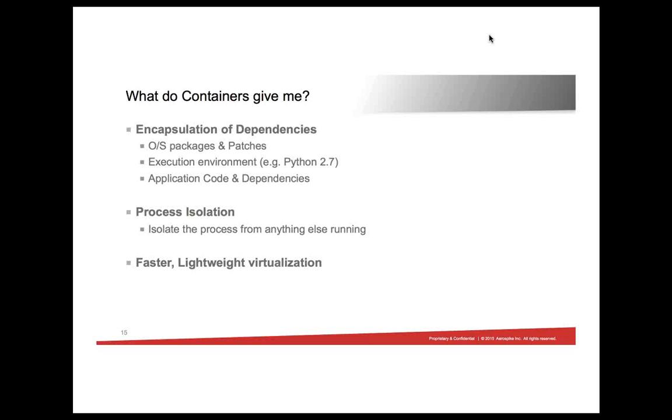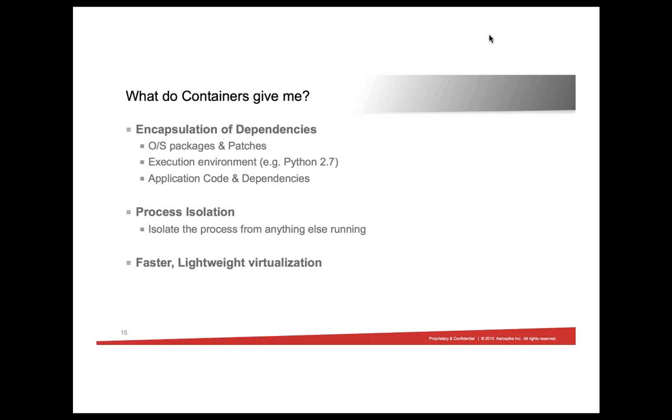If you think about how virtualization has been used, essentially it's been used to get better utilization out of big hardware. You can run multiple applications and ensure that they don't interfere with each other because you can put policies around the virtual machines.